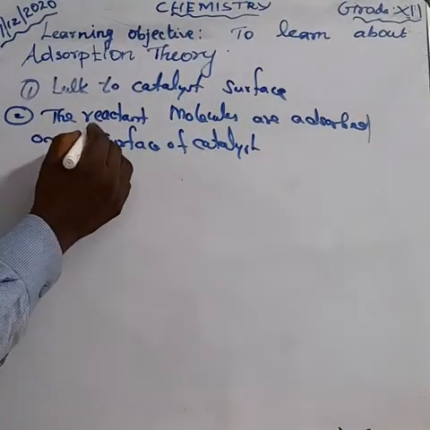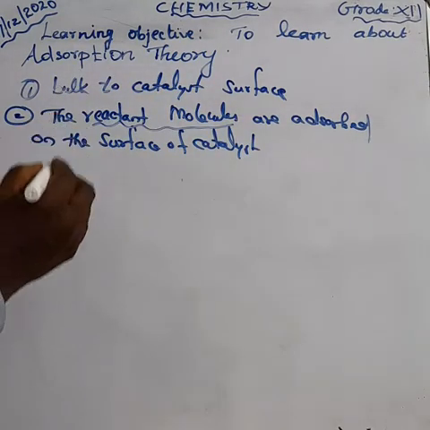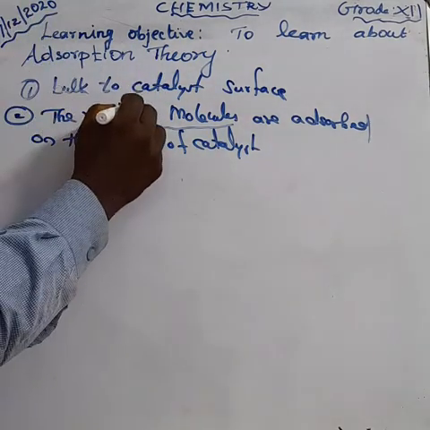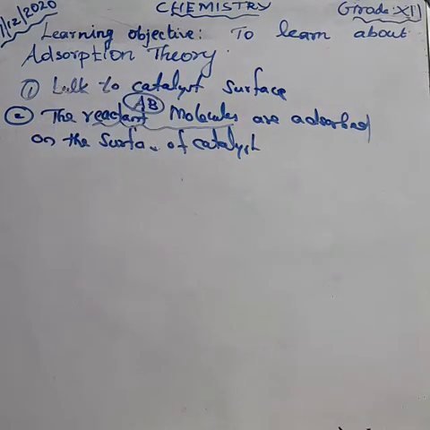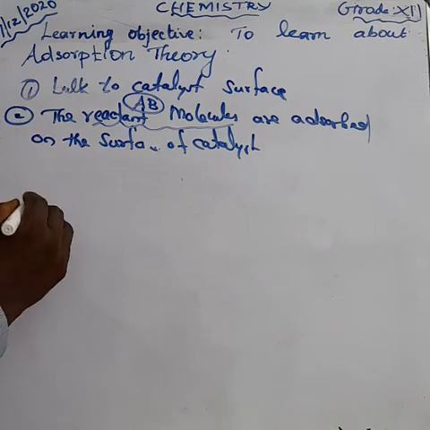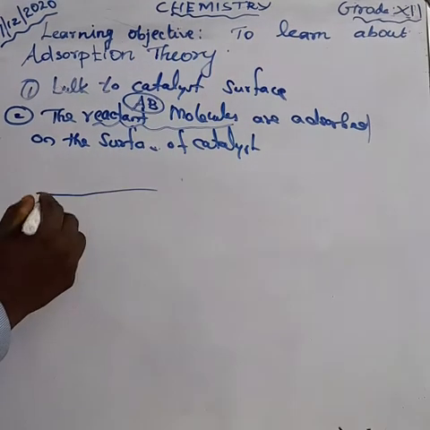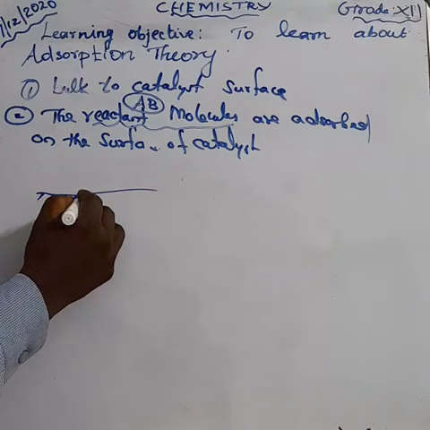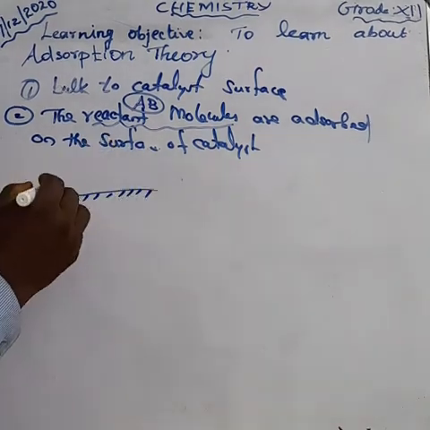We consider the reactant molecule. What are the reactant molecules? We can take this AB. The reactant molecules can be considered as AB. AB reactant molecule. For drawing, this is the surface of the catalyst. Okay, this is the reactant molecule.